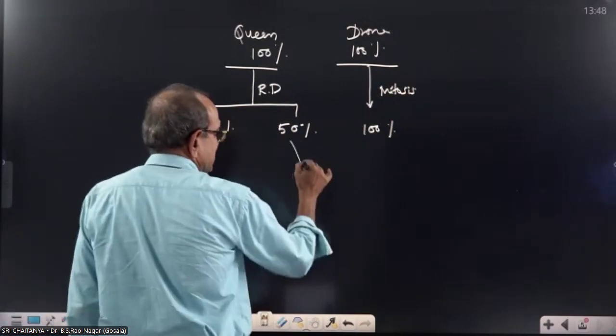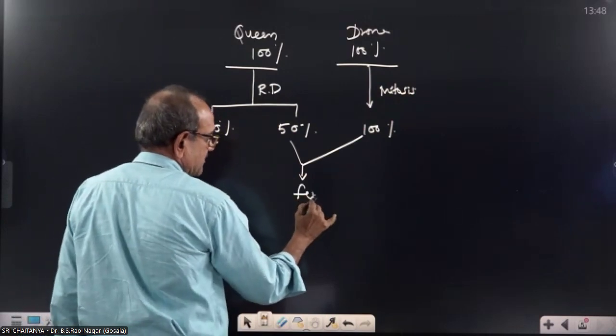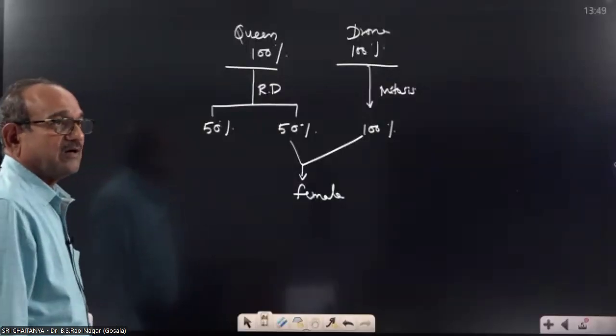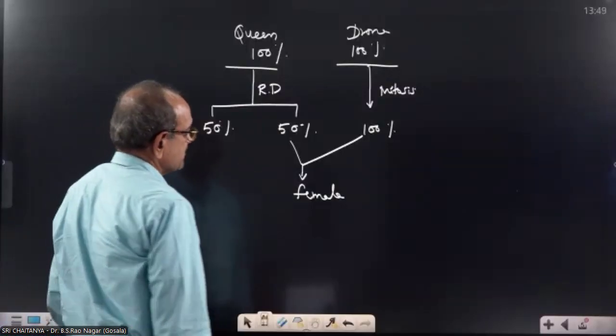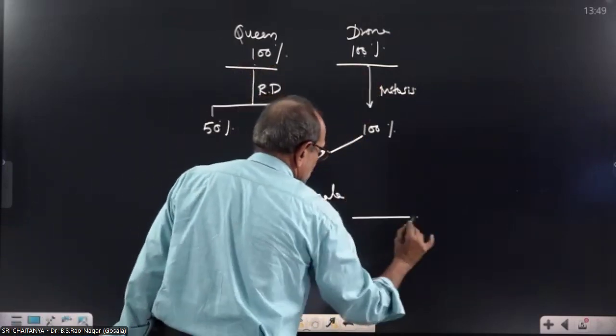If fertilization takes place, the resultant one is a female. But see what proportion of genes is shared by the female individuals. Total number of available genes 100, 100, that is 200.